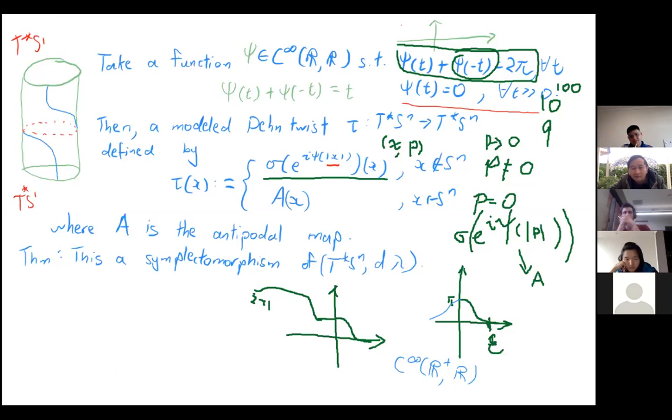So if I define it this way, maybe call this data, and then this tau restricted to the complement of the ball, the disk bundle of data of this cotangent bundle.